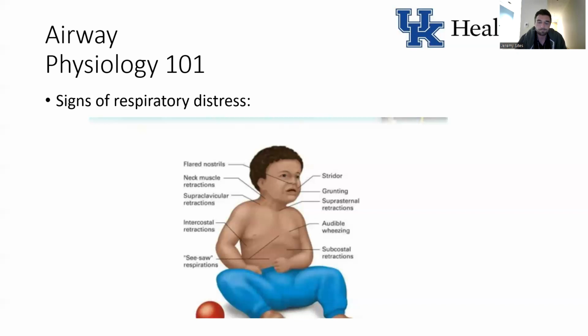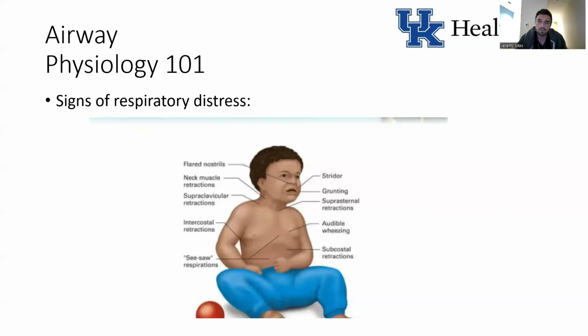That can certainly happen. And audible wheezing, I want you to remember, is a sign of lower respiratory tract airflow obstruction. And it's heard on expiration versus stridor, which is heard on inspiration.